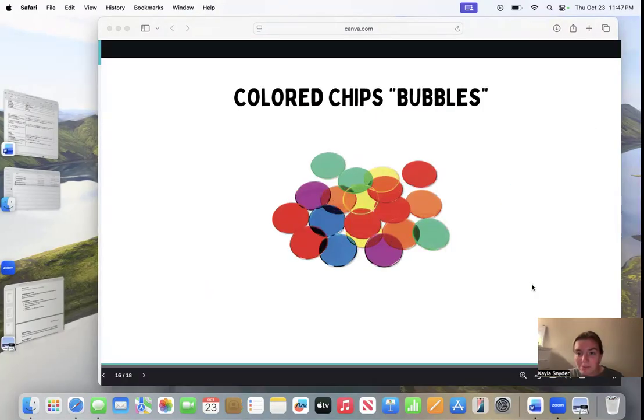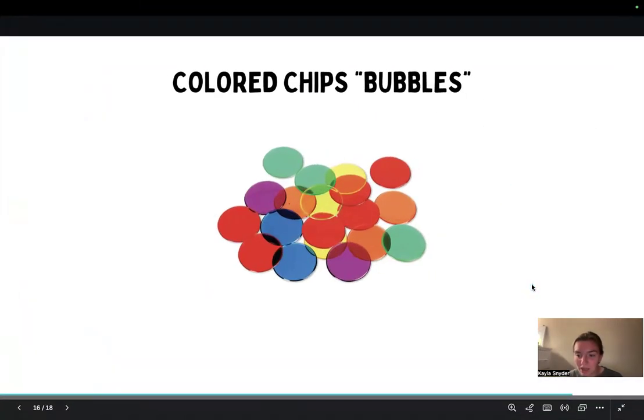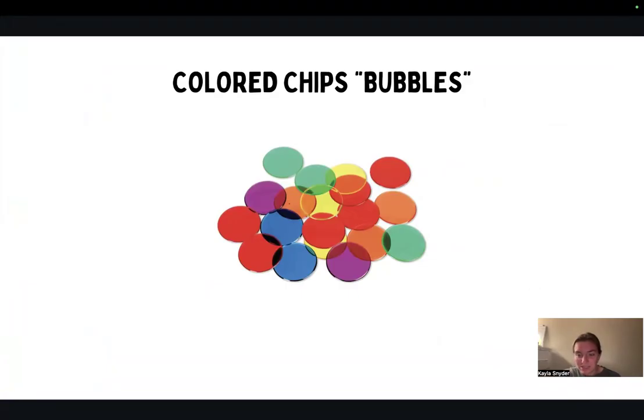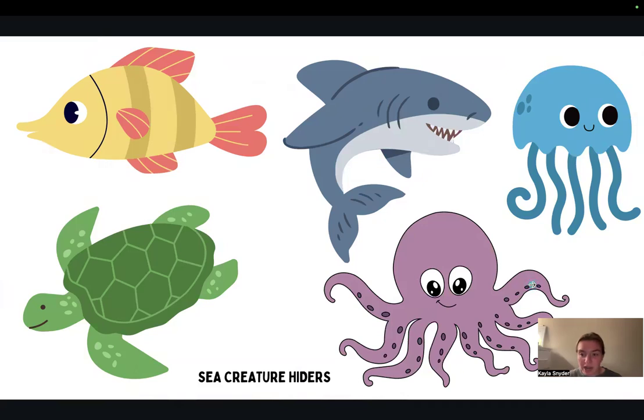So the colored chips are representing the bubbles that were used in the slideshow. So collectively, students will get a cup of these, about 20 chips, and they will be tasked with pulling out a certain amount. So if we want to start with 10 chips, students will lay 10 chips out, and then they will have a sea creature hider.